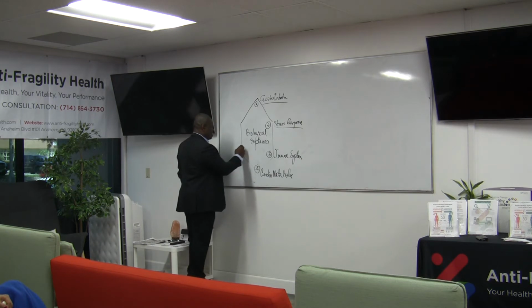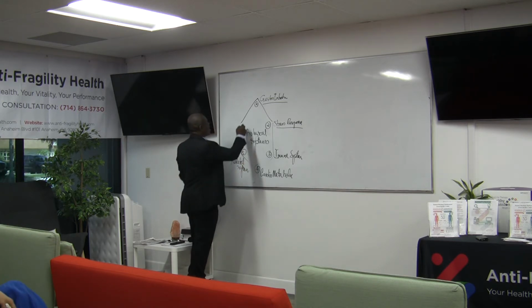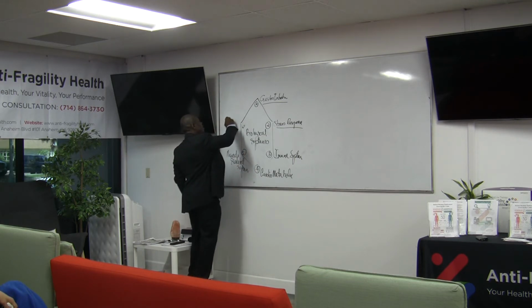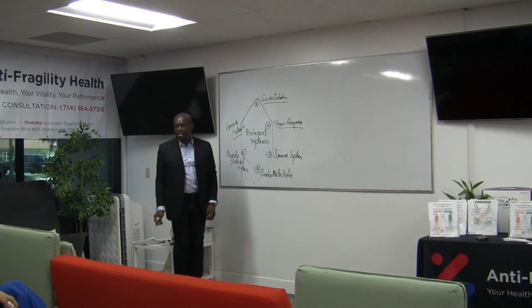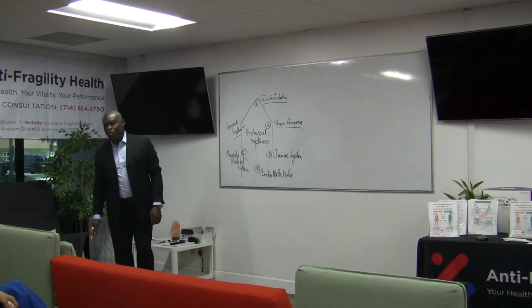Number 5 is our musculoskeletal system. And number 6 is our hormone system. These are the 6 biological systems that drive our overall body. Okay?